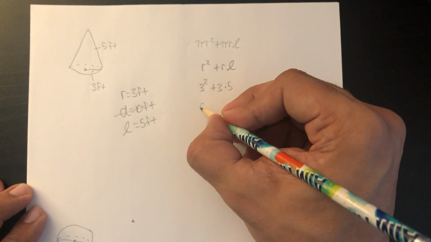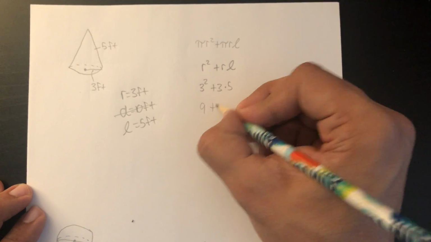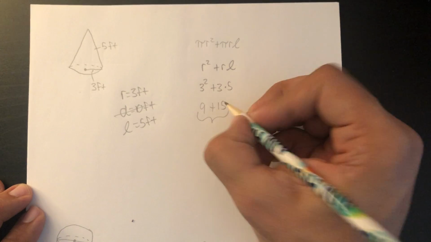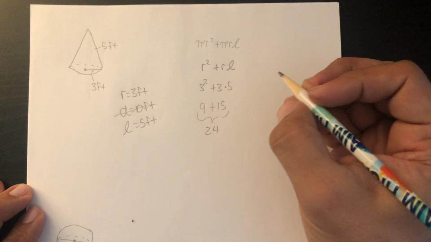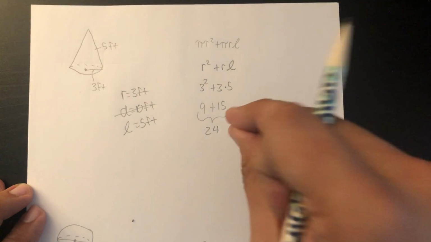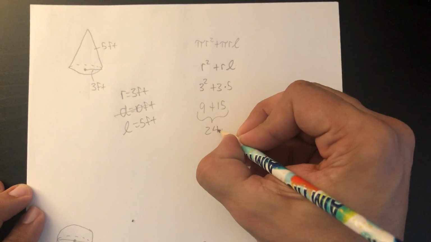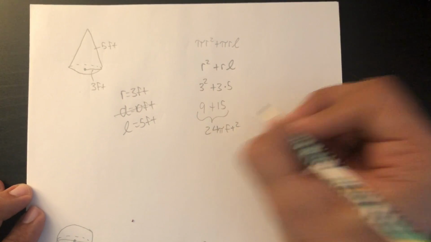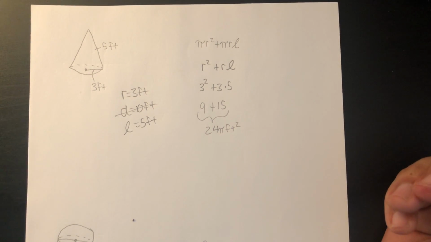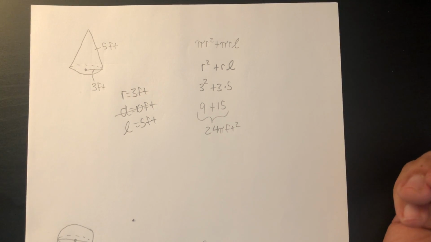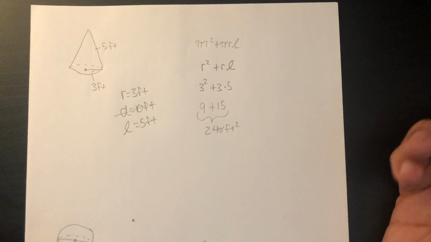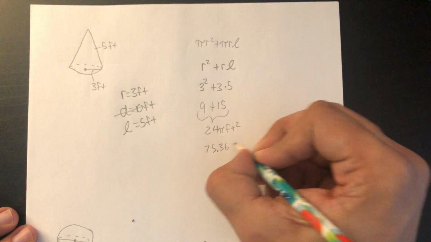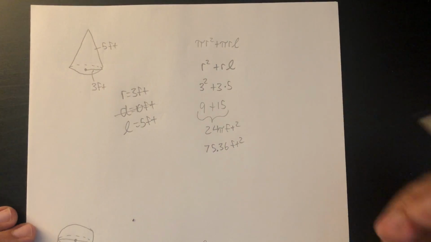So this will make 9, and this will make 15. Together, that will make 24. Last second, boop, put in the pi. It's feet, so I'm going to write feet squared, and we're done. Now, if you want to do that extra mile and multiply by pi, the answer would be 75.36 feet squared.